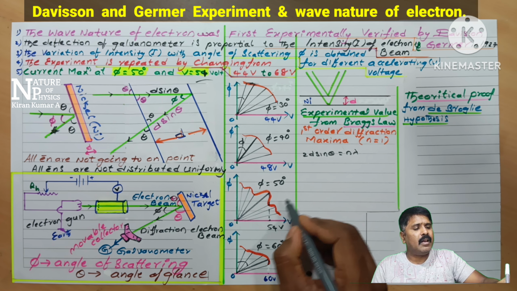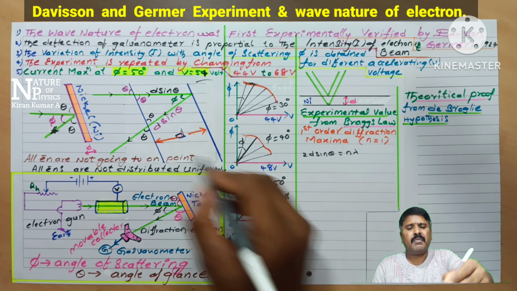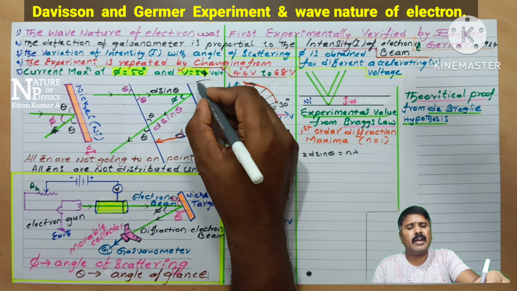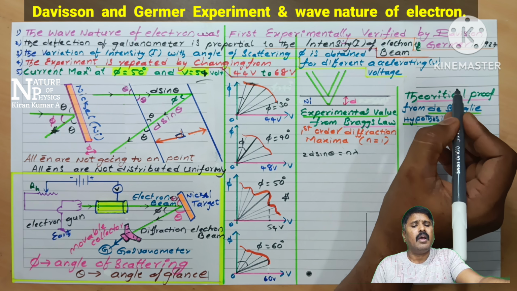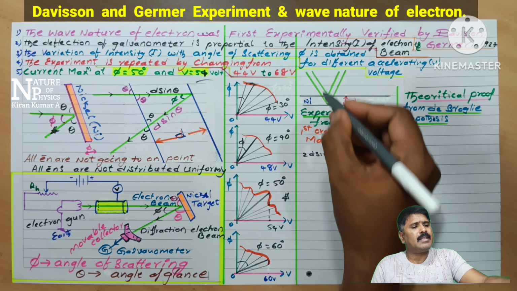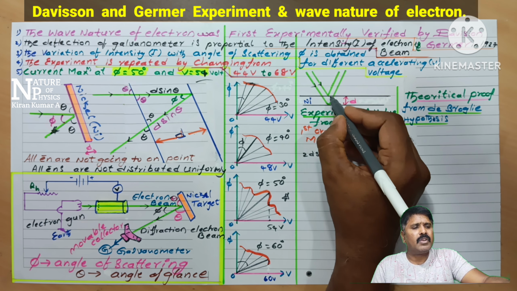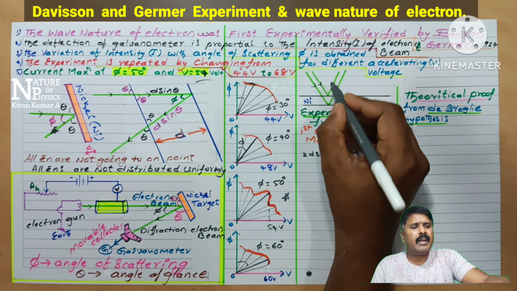See there, the third graph is the most important according to the concept. There the current is maximum because phi is equal to 50 degrees and V is equal to 54 volts, student. The next one represents the incident beam of electrons incident on the nickel target.